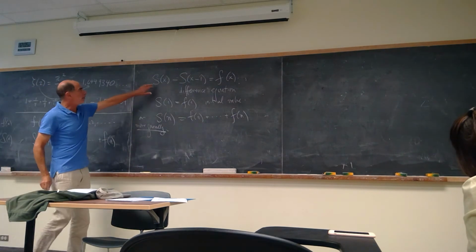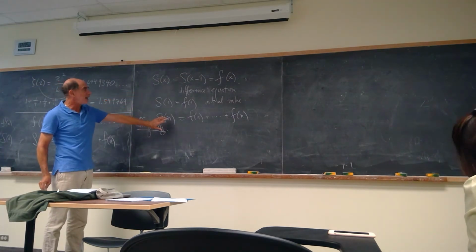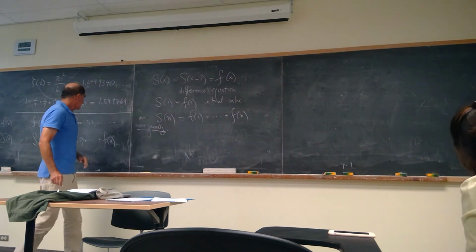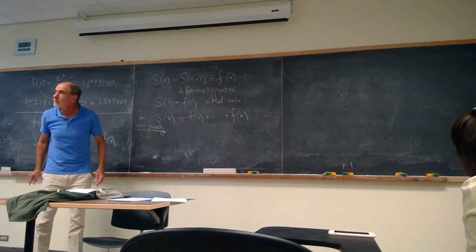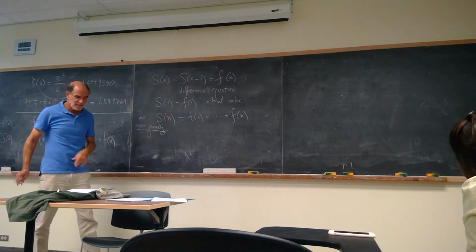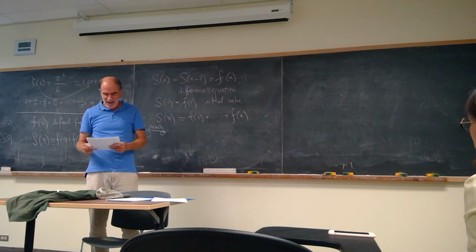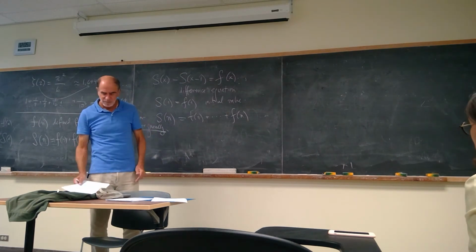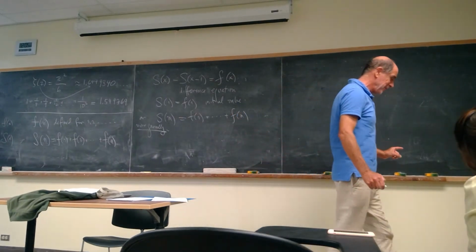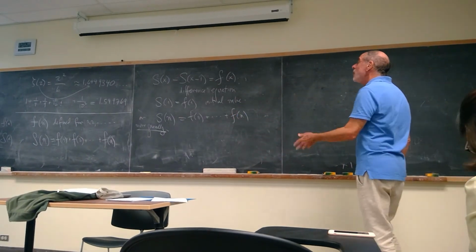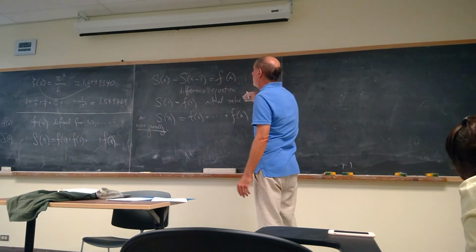So if you could find a function that satisfied this difference equation, and it had an initial value like this, then s of n would be the sum of f of n for all values, right? Okay, so Euler didn't have that many analytic tools at his disposal. He had really just calculus of one variable. And so he used this all over to try to solve this difference equation with these initial values.